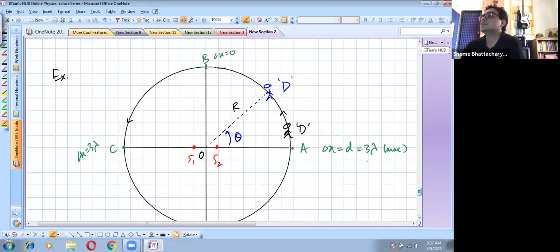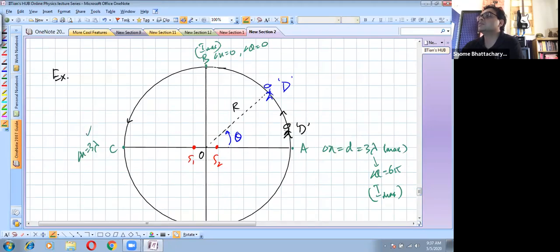So delta x of 3 lambda means phase difference is 6 pi. So you're getting constructive interference, maximum intensity here. Same over here, because delta phi is 0. Same here and same here.